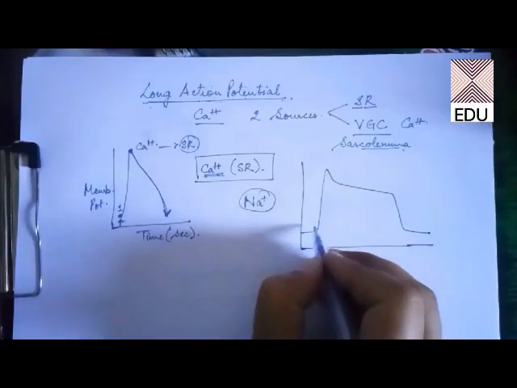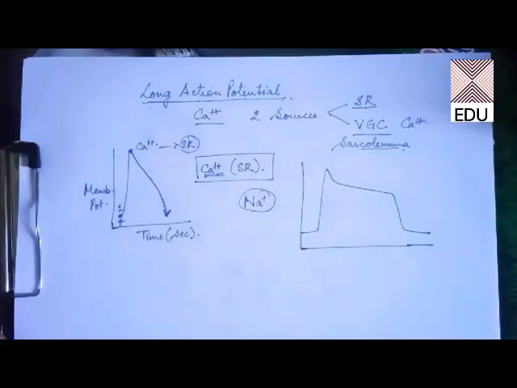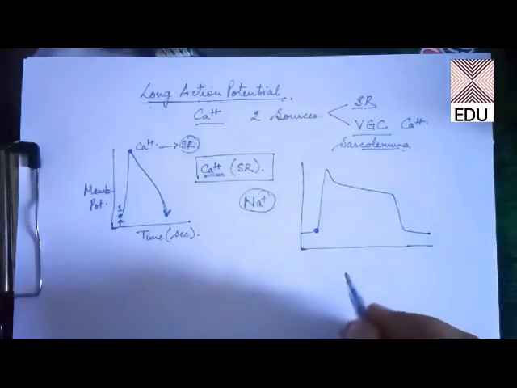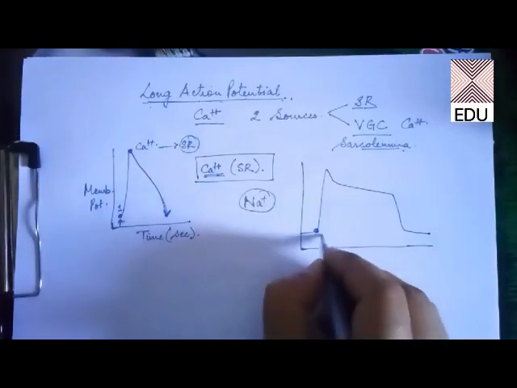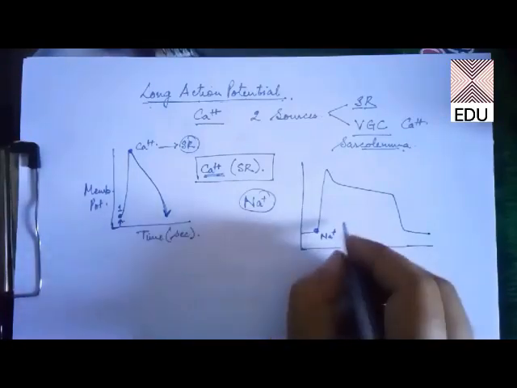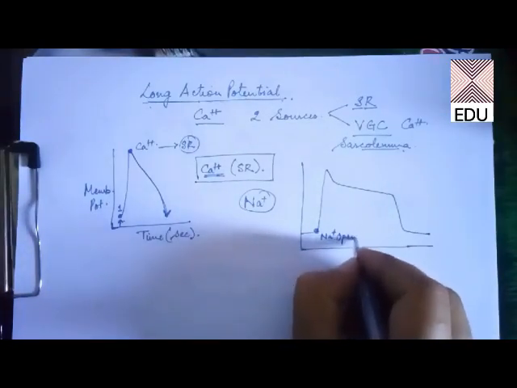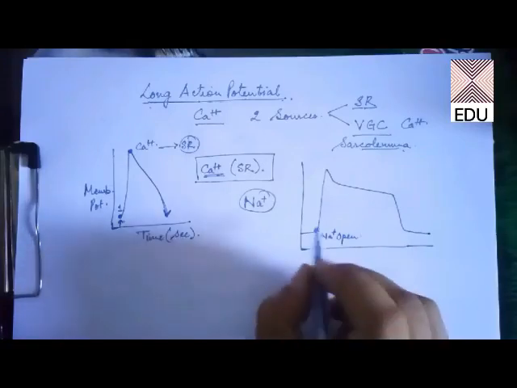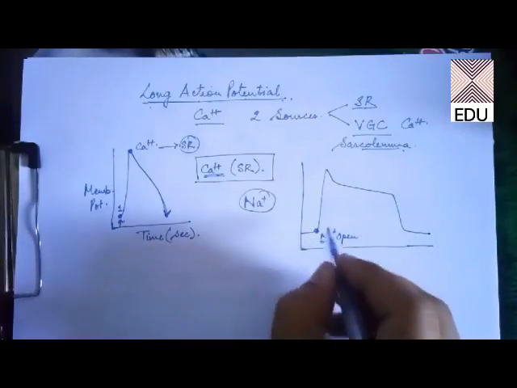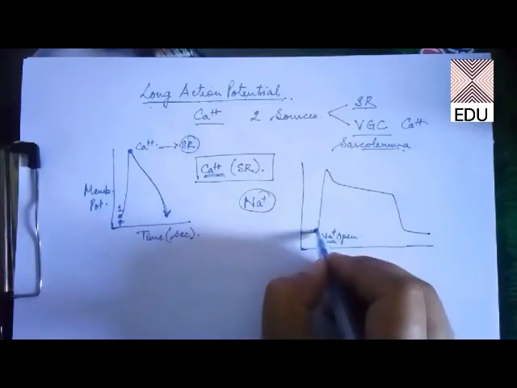So what happens here is that at this point, sodium channels are open. If sodium channels are open, they can make impulses, so they generate an impulse.